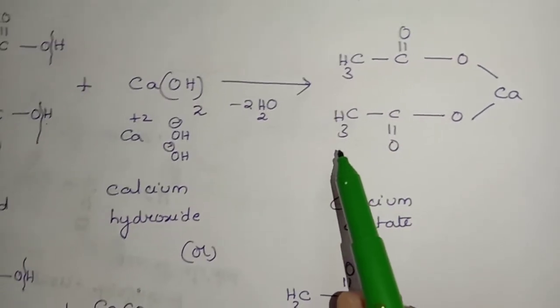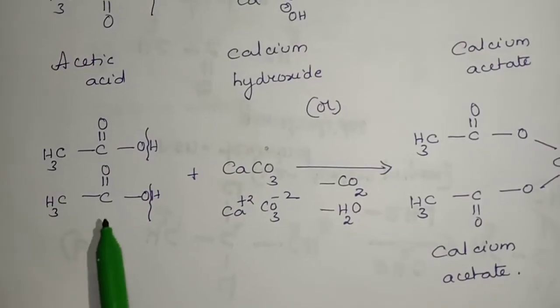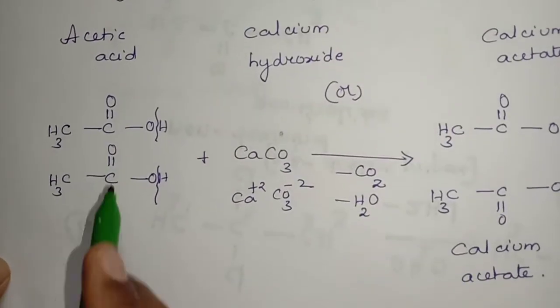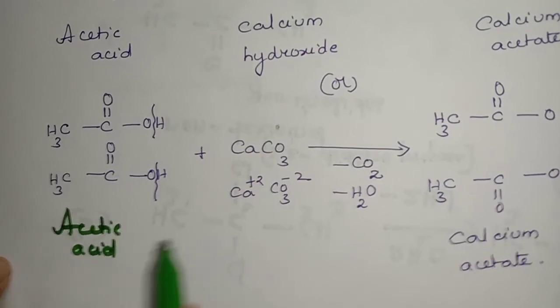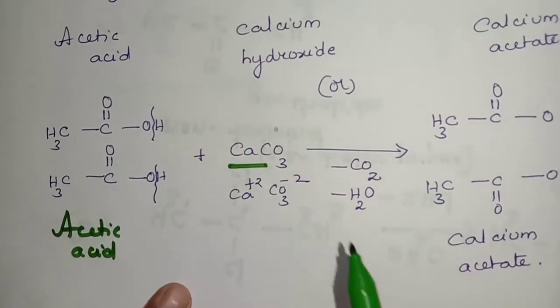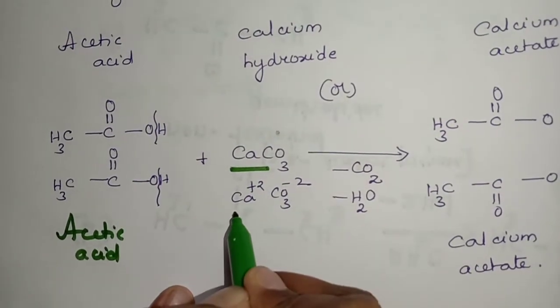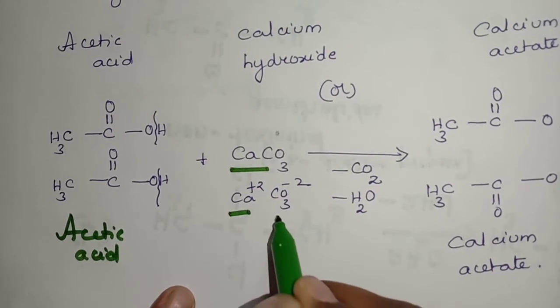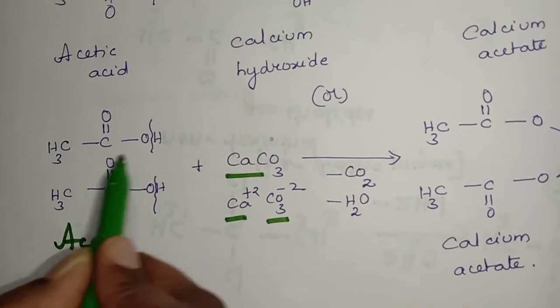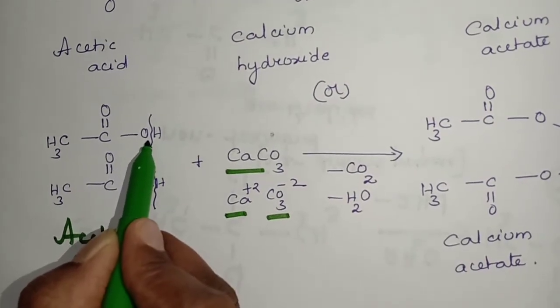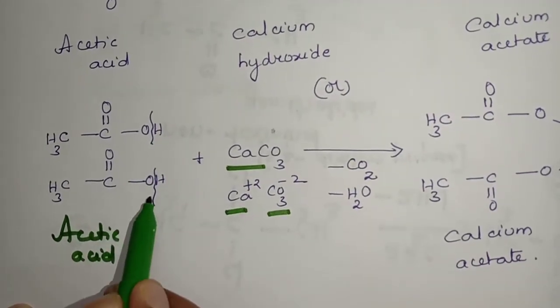Another method is also there for the preparation of calcium acetate. The same acetic acid is taken here, but it is reacted with CaCO3. It can be dissociated into Ca plus 2 and CO3 minus 2. When these two react, the bond here breaks and here also the bond breaks.